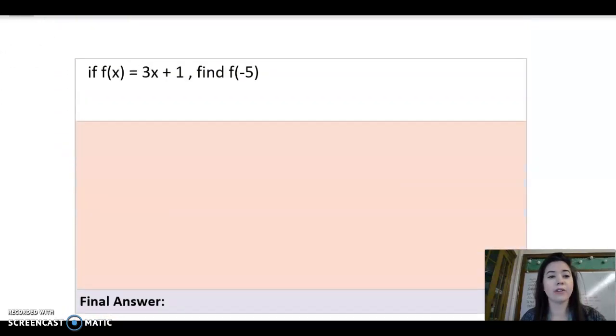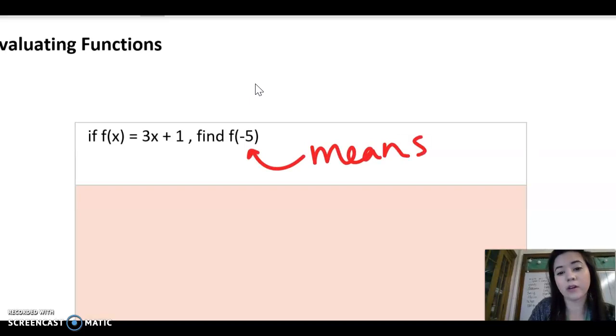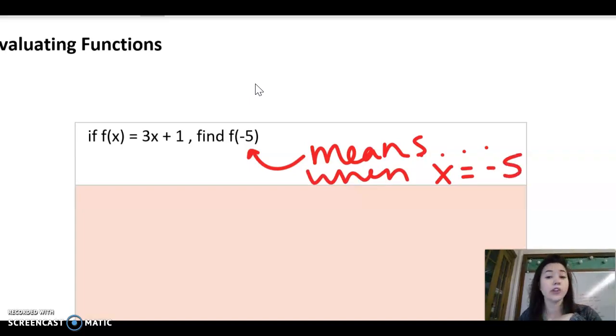So it says evaluate the function. We have f of x equals 3x plus 1, find f of negative 5. So for these, what we want to remember is that when I say f of negative 5, that means when x is negative 5. I know what x is, so we're going to plug it in for x.